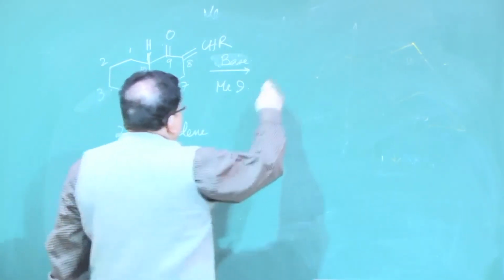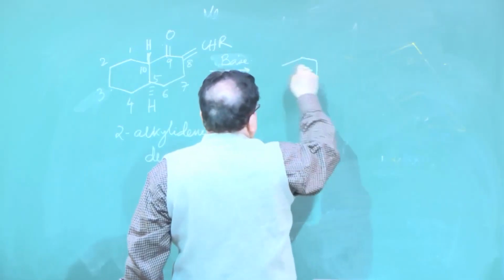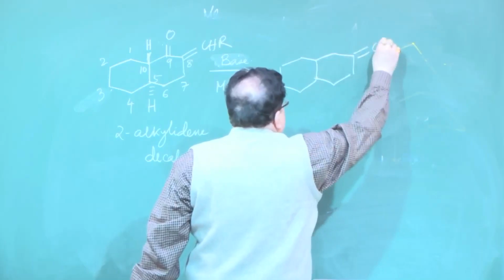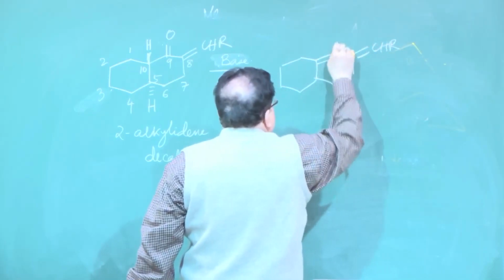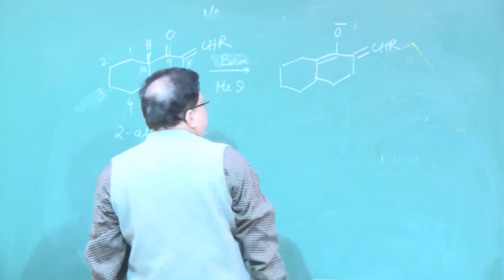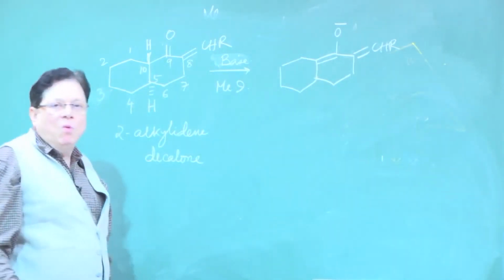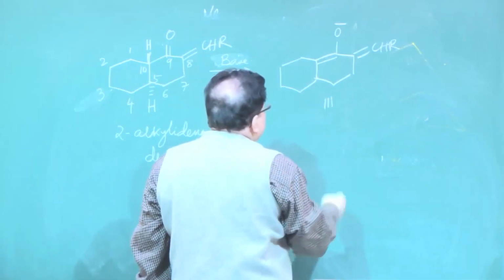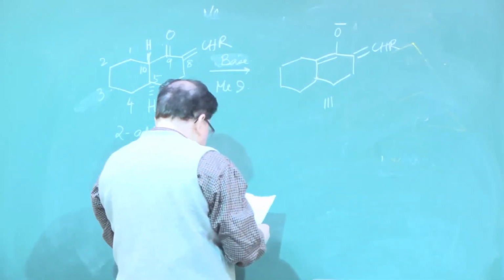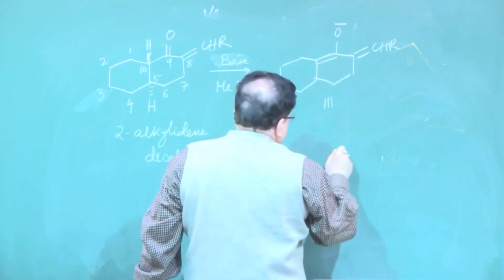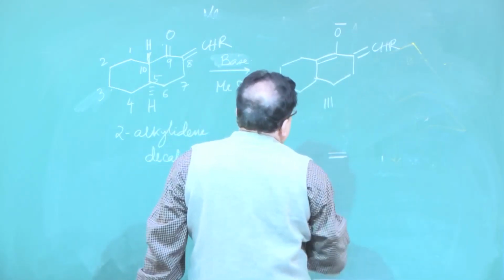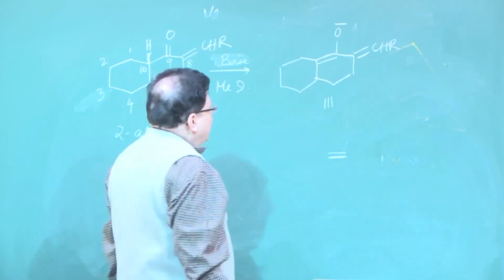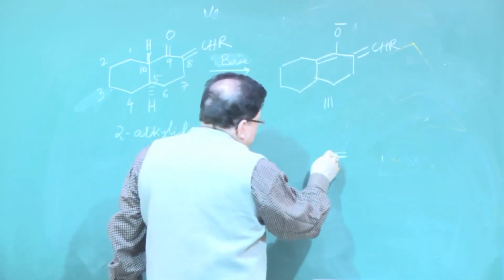Okay. So, let us try to draw first the enolate. So, this is the enolate from this decalone system, and if you try to draw it properly, then what will happen? Now this is the front ring from this side and this is the back ring.